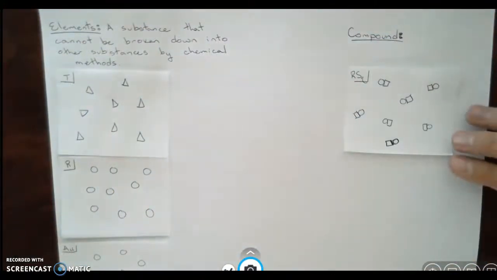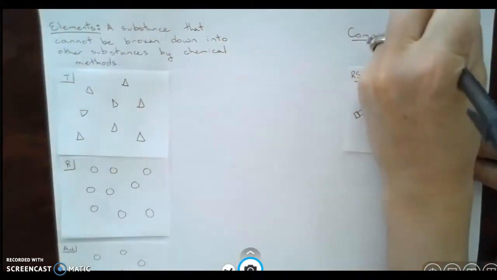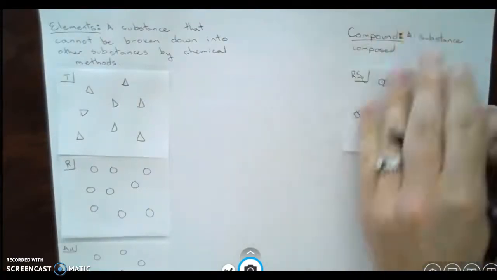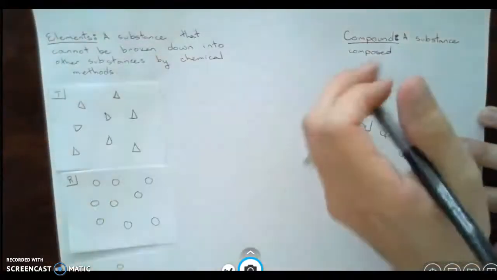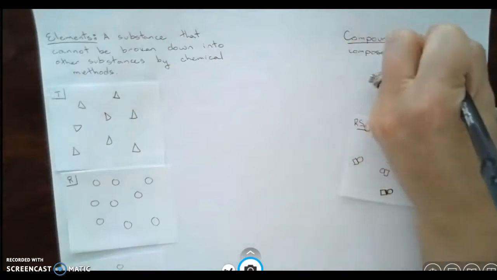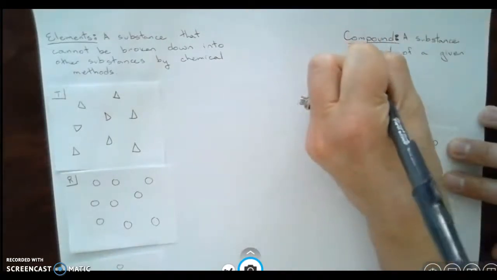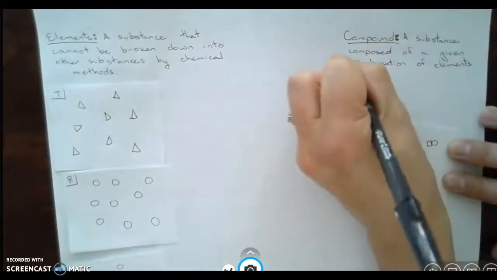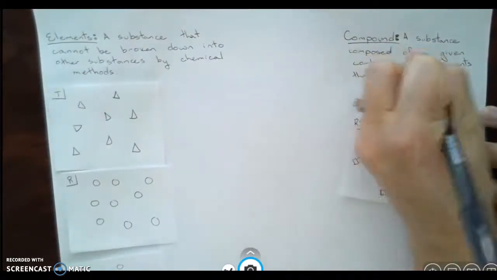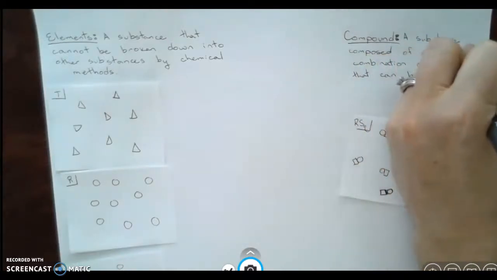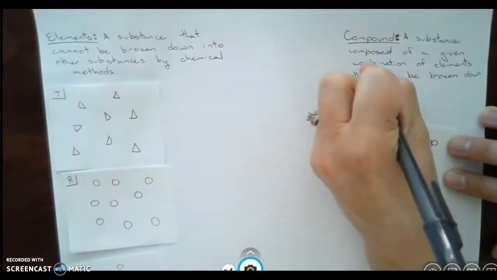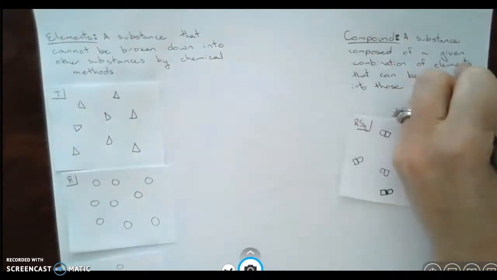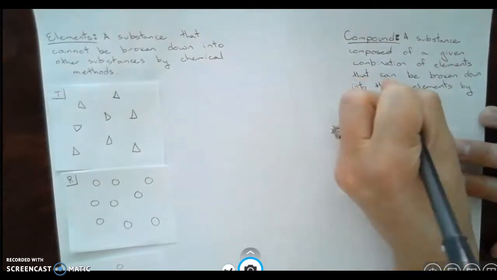A compound is a substance composed of a given combination of elements that can be broken down into those elements by chemical methods.